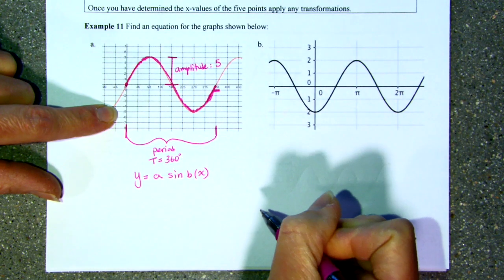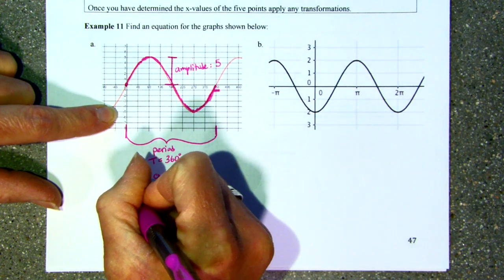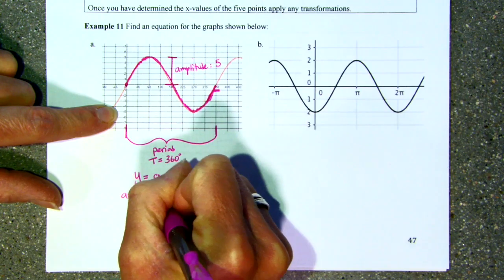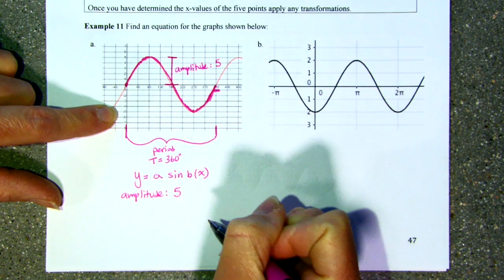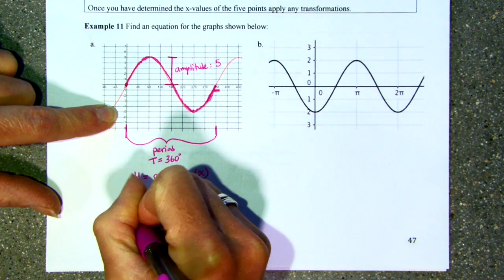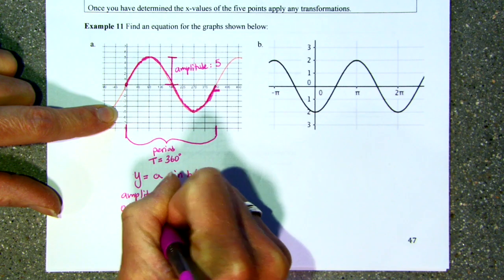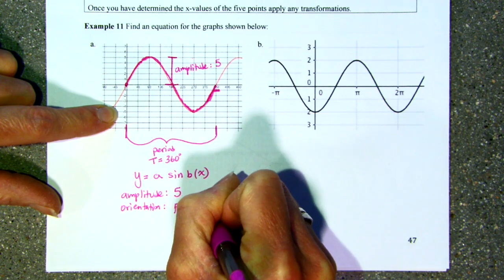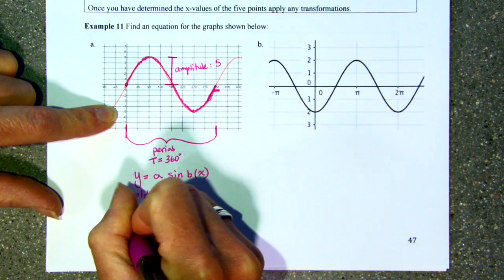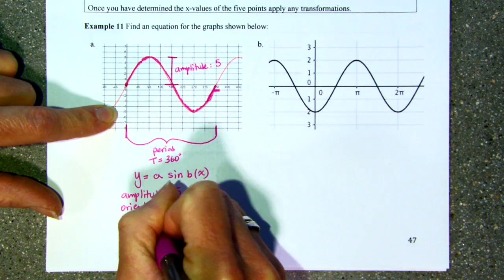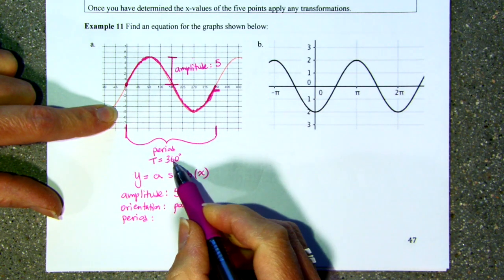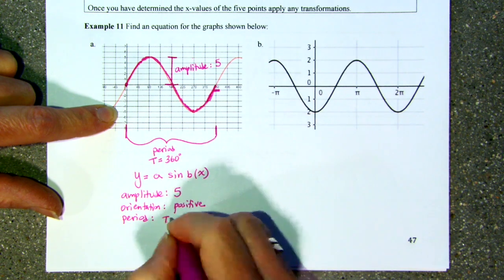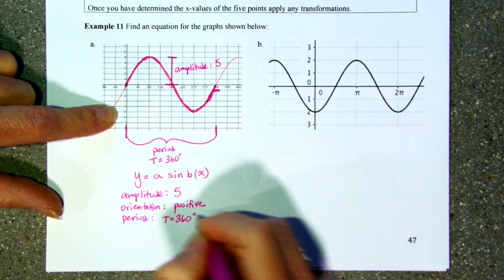And then we can fill in our different things. So we know our amplitude is 5. We know our orientation is positive. And our period, in this case, is going to be 1, but if we didn't really remember that, here we know T is equal to 360 degrees.